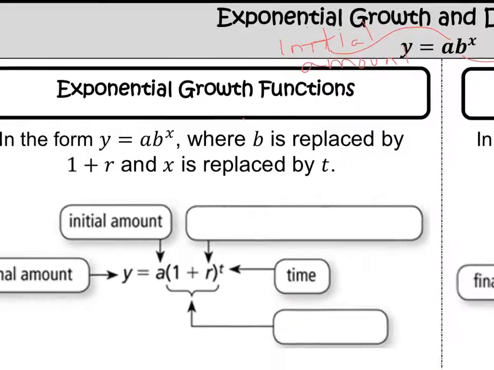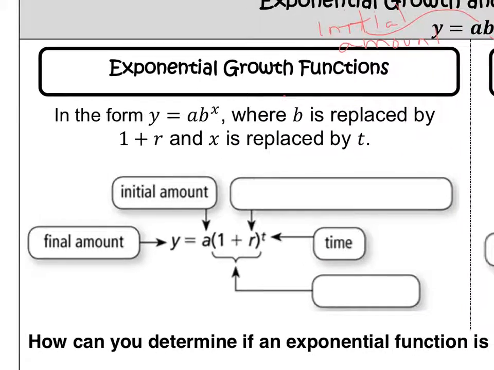So with our exponential growth, we're actually going to break down what that b is. We're still starting out with our initial amount, but our b, the way we come up with it, is our rate of growth.